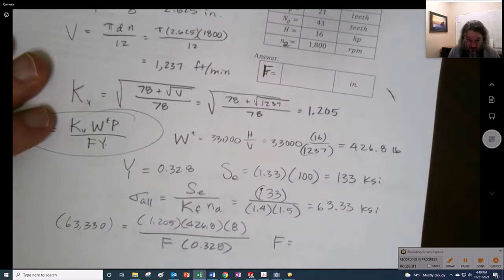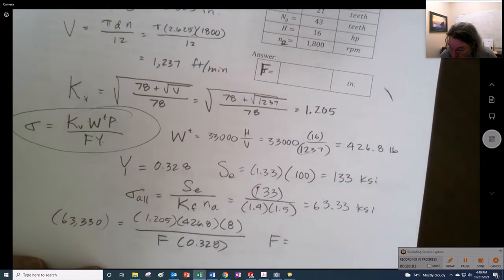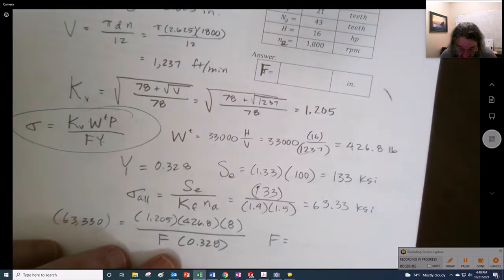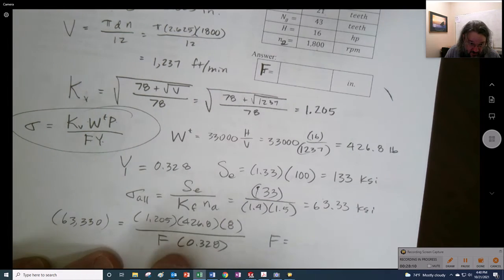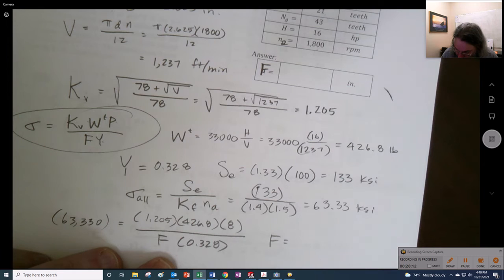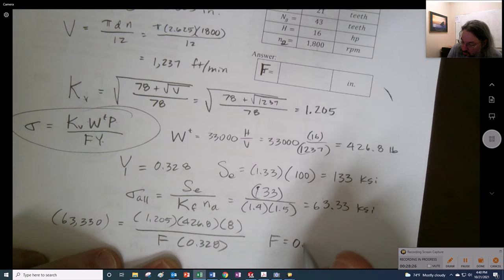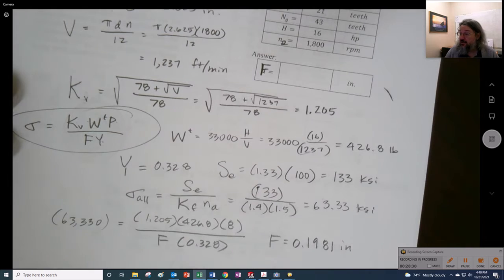Multiply that by 1,000 and divide, so I'm going to divide by that right there. So I go 1.205 and 426.8 and 8 and 0.328, and I get that it's going to be 0.1981 inches, and we need a preferred size though, right?